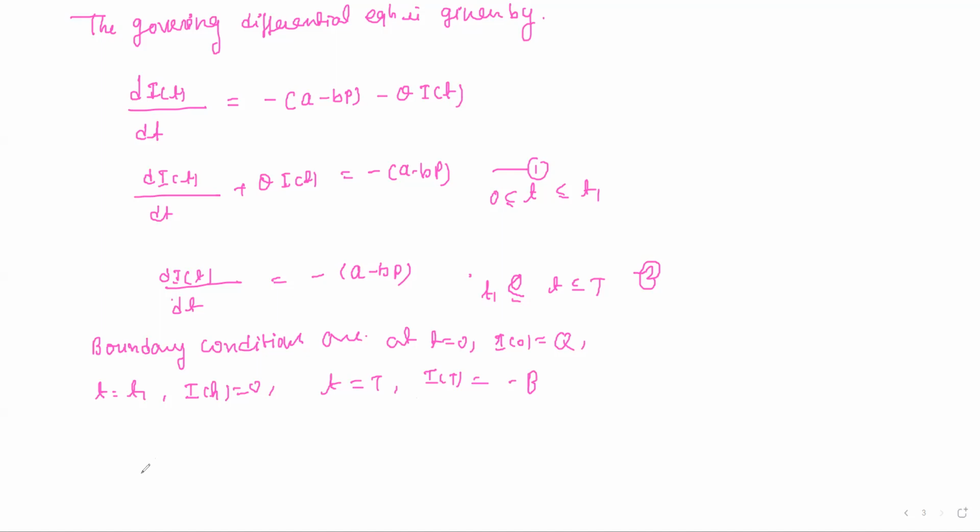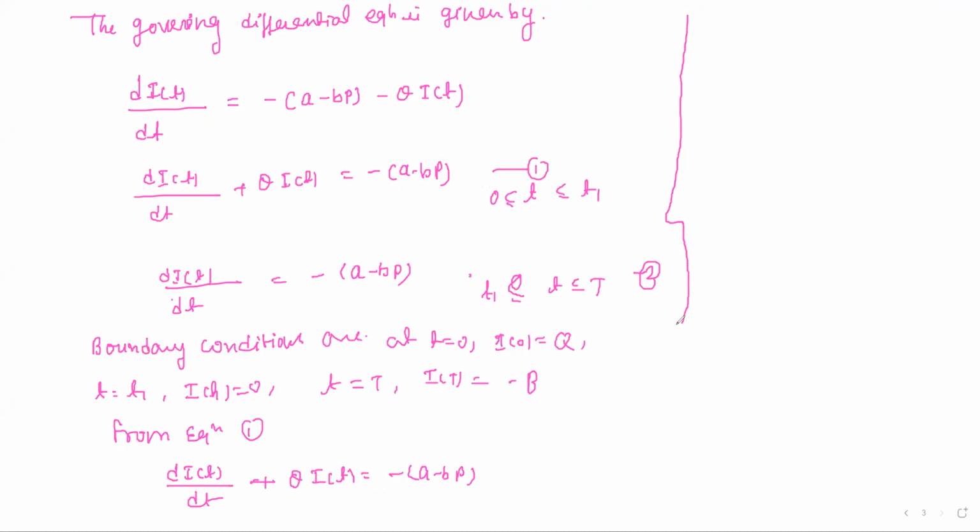So now from equation first, we have dI(t)/dt plus theta I(t) equals minus of (a minus bp). And from this equation, we can easily solve because this is a linear equation in I(t).